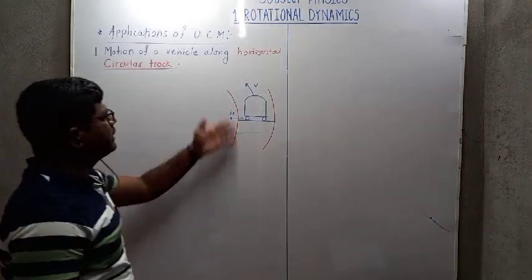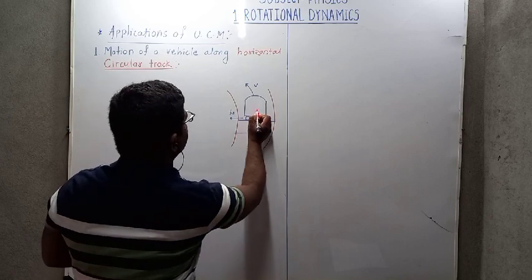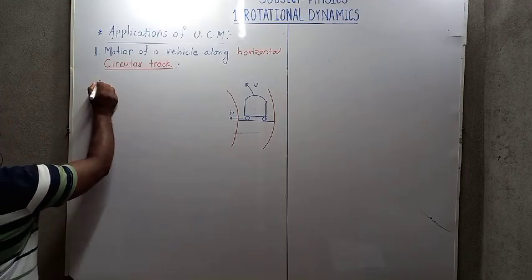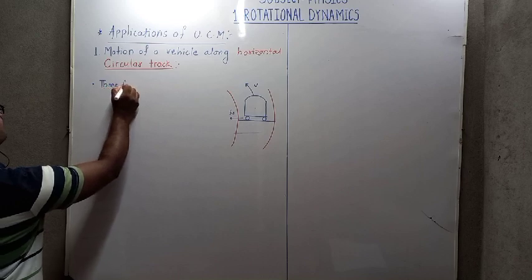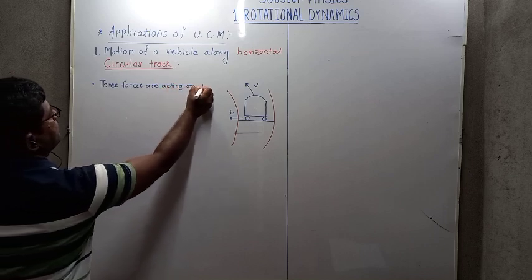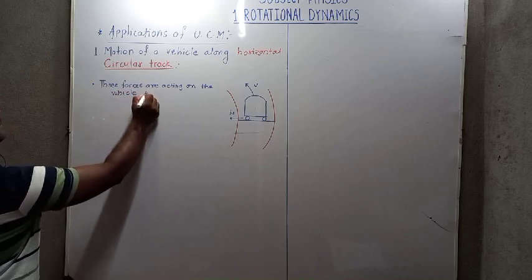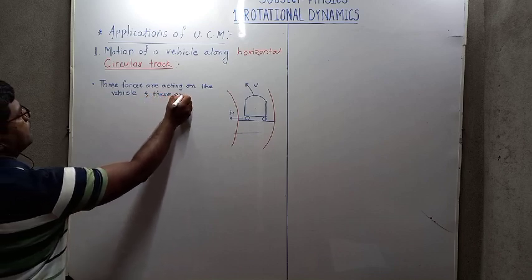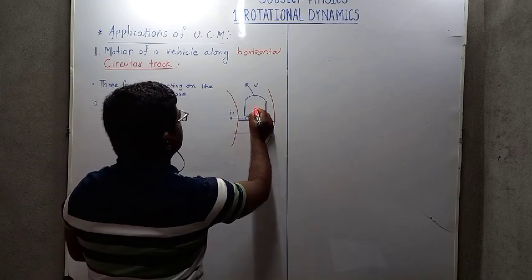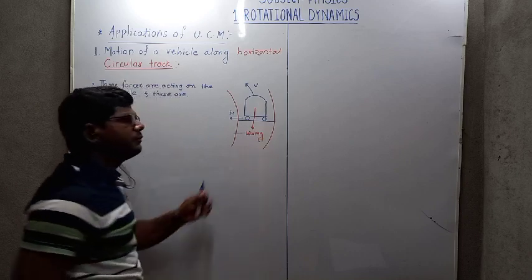While the vehicle is moving, three forces are acting on it, and these are: number one, the weight of the vehicle, W equal to mg, acting in the vertically downward direction.